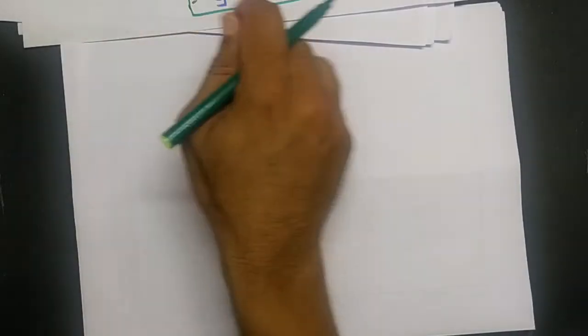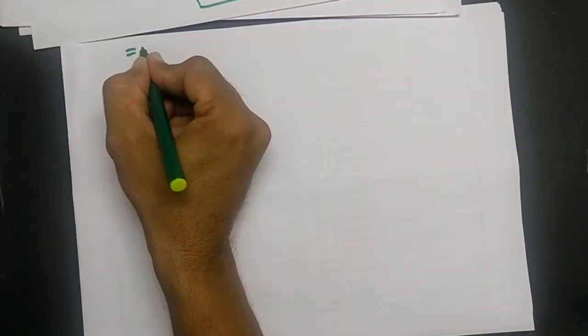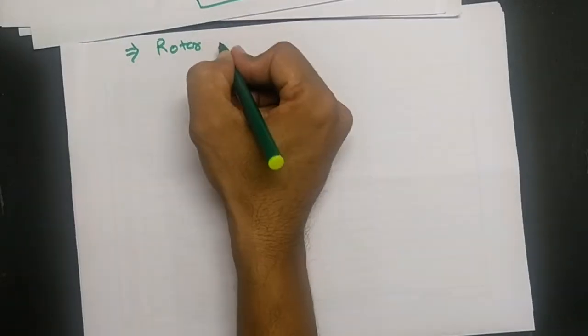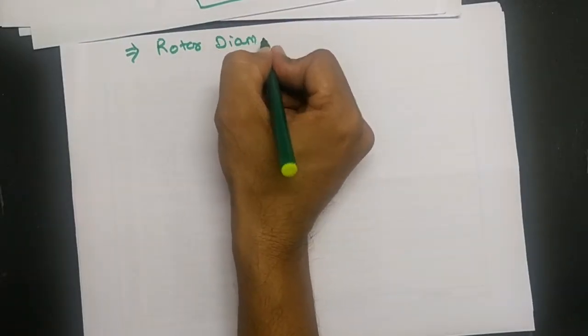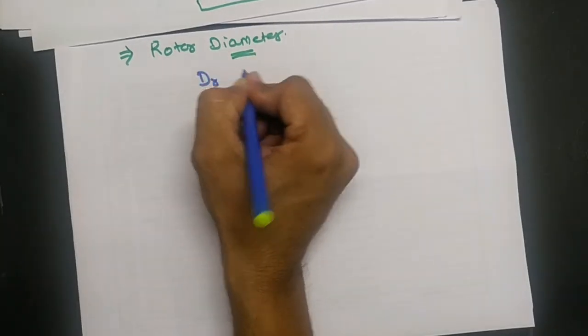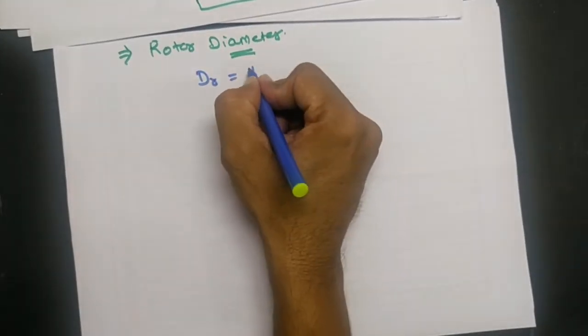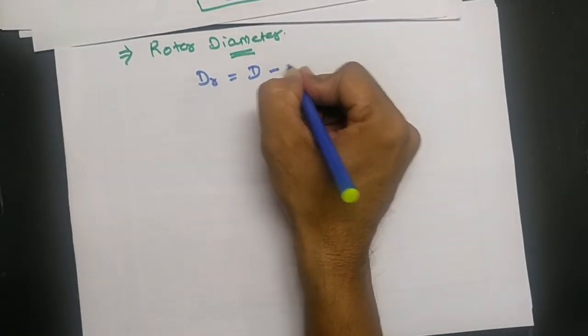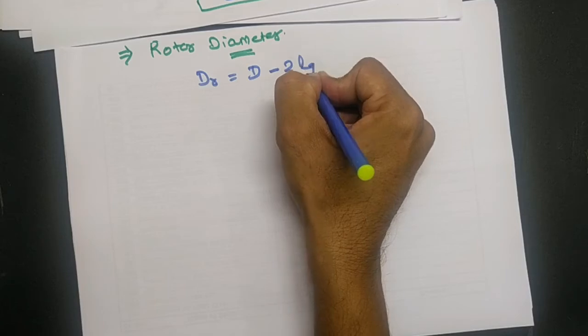Now we can proceed to our second part, the rotor diameter. We know that the rotor diameter dr is the stator bore diameter D minus 2 times lg.